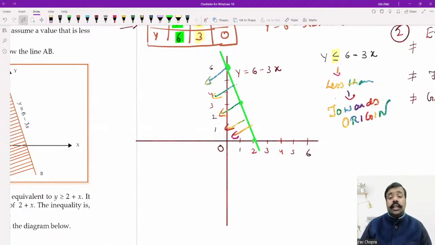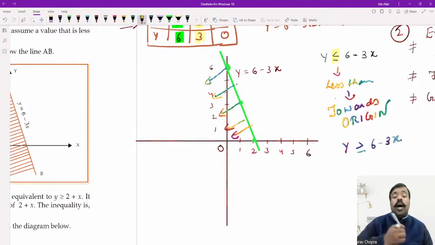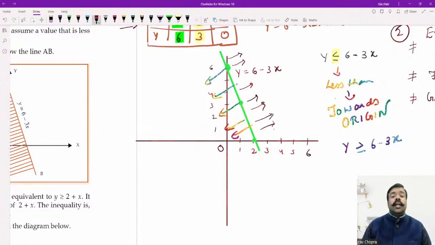But if it is a greater than sign, when it is y greater than or equal to 6 minus 3x, in that case we have to move away from the origin. That away part will be the shaded region if it is a greater than sign. So always we have to see which inequality sign is given, less than or greater than. Whenever it is less than, we have to come near the origin.